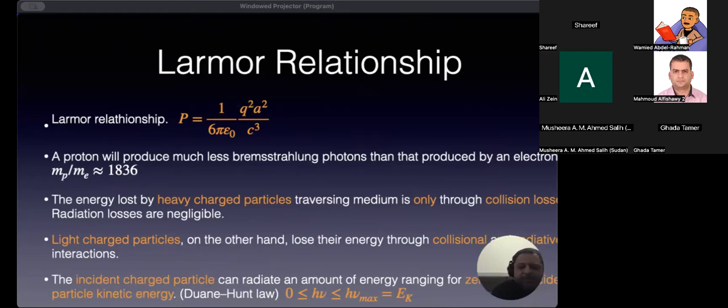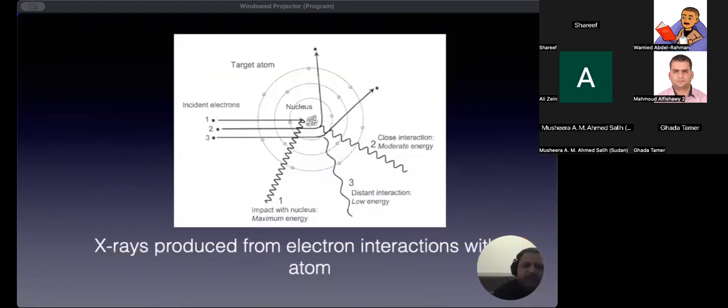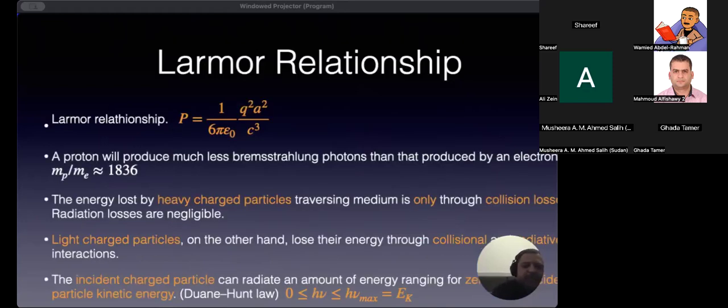the power, and Q is the charge. I don't know if I have the slide, but I think in the previous slide we talked about it, that the Larmor relationship essentially depends on the target, not on the particle. This here talks about the particle, and the acceleration will depend on the target material and the mass of the particle.